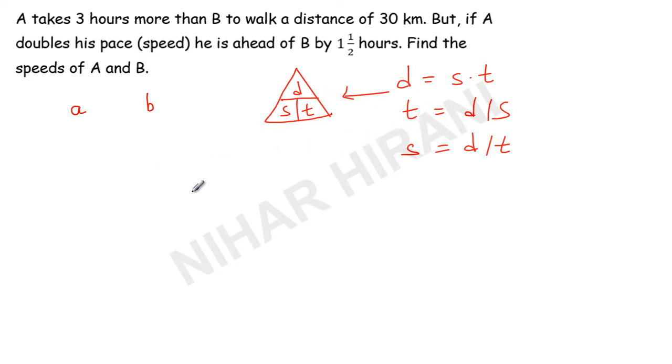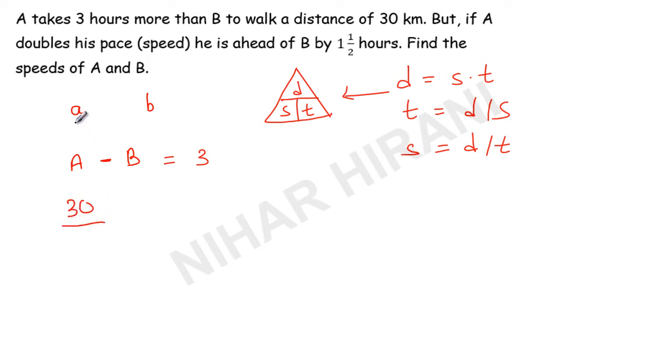So now we know A takes 3 hours more than B. It means time taken by A minus time taken by B is equal to 3 hours, isn't it? Now time taken by A will be what? What is the formula for time? That is distance over speed. What is the distance? 30. And what is the speed?